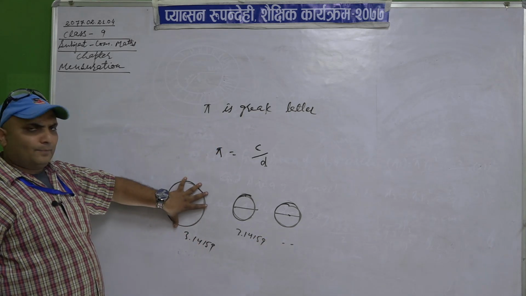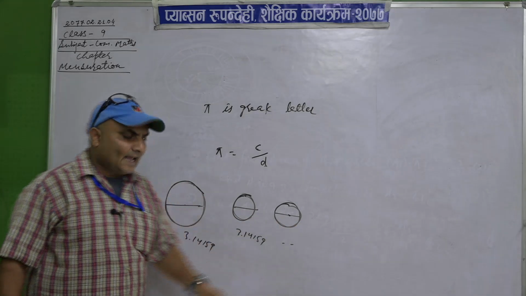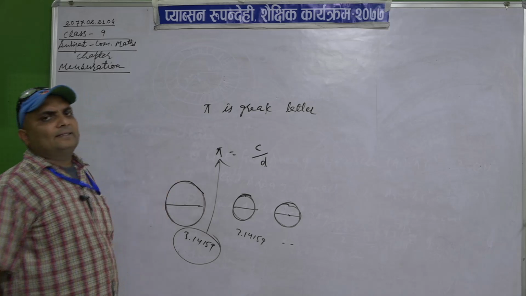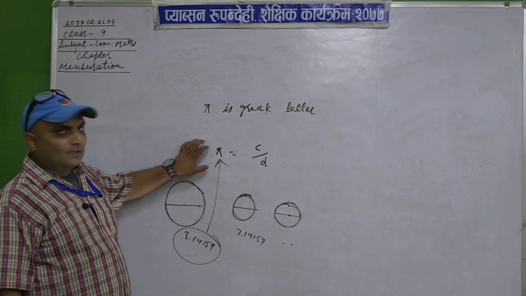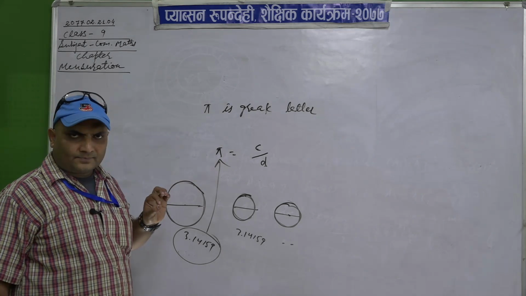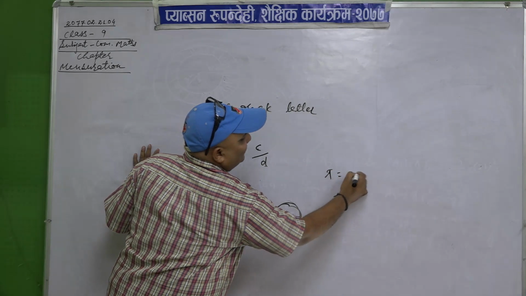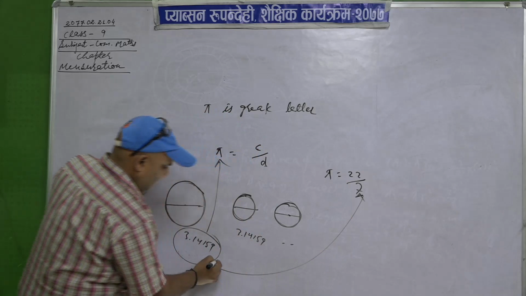Either it is big or very small, the ratio is always constant, and this constant is denoted by pi. Okay. Somewhere you can also see that pi is 22/7, but these two are not exactly equal to the exact value of pi.